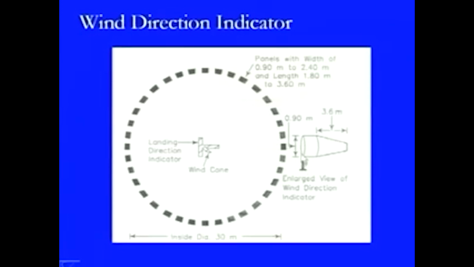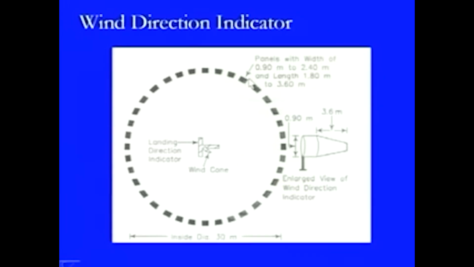There is a pole, and at the top of this pole there will be this conical surface, with 0.9 meter diameter at this side and 3.6 meter length of the cone. That is the minimum specification related to this. At the same time, the sizes of the panels are also specified.